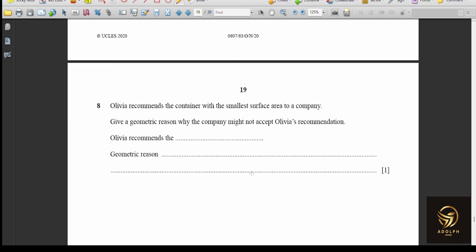Next, Olivia recommends the container. Okay, she is going to conclude it. She has tested cuboid, cylinder, and one pyramid, square based pyramid. Now she is concluding with the smallest surface area to a company. Give a geometric reason why the company might not accept Olivia's recommendation. Olivia recommends the one which has the minimum surface area.